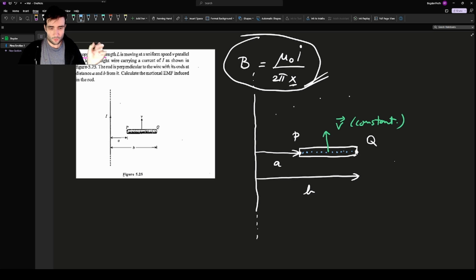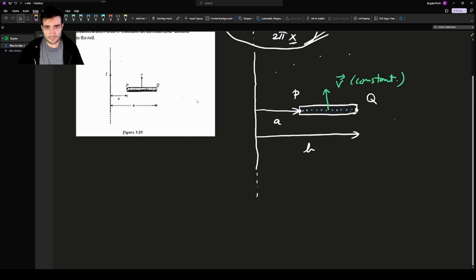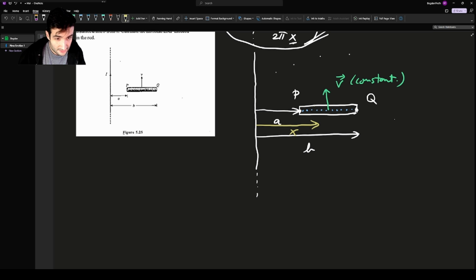So what we have to do in this case is just consider what happens at an arbitrary distance away from the wire, and I'm going to call that arbitrary distance x. And I'm just going to analyze that, at distance x, I have this bit of conductor whose length will be dx.